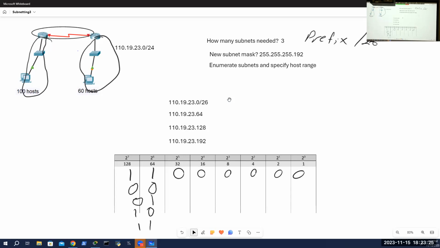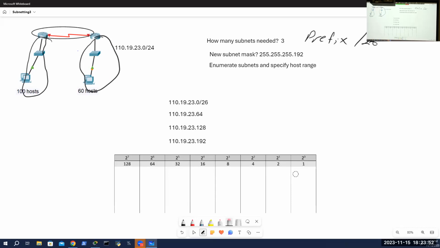And so here's where you don't consider the number of subnets. You look first at what's the most hosts that we need on any one network. In this case, it's going to be 100, right? So basically, we solve the problem based on that. Let's take our initial network and look at it another way.